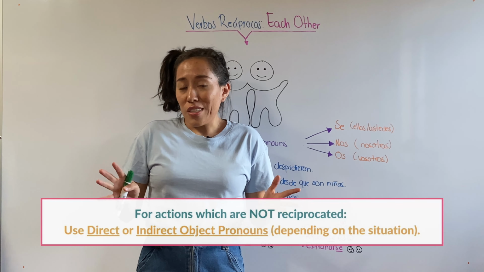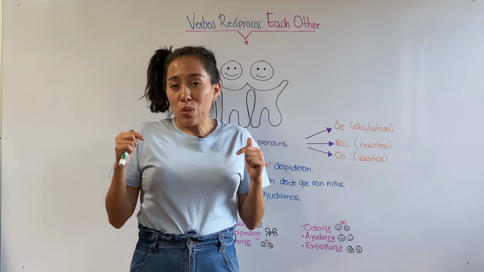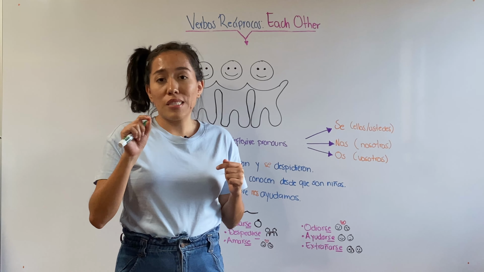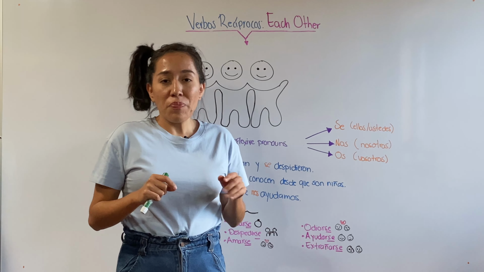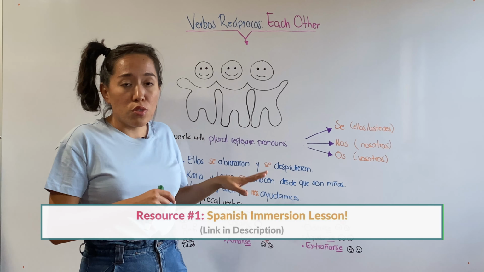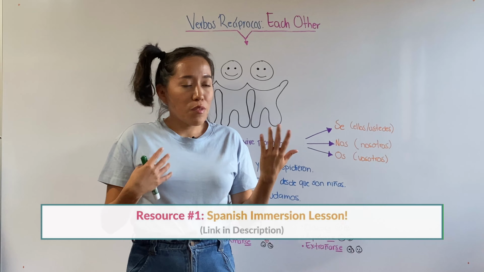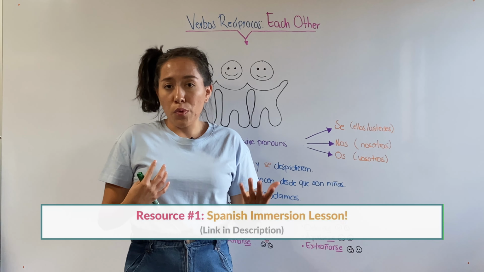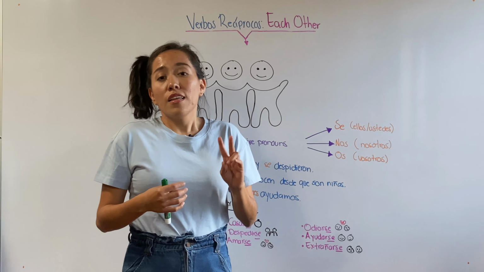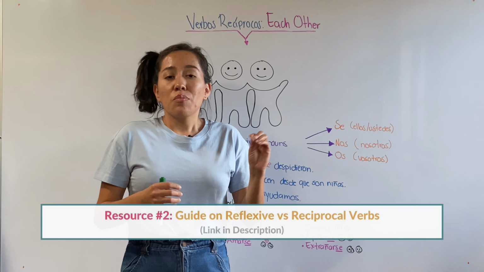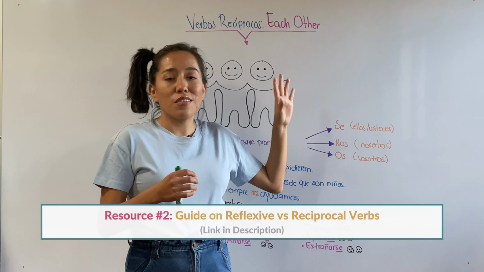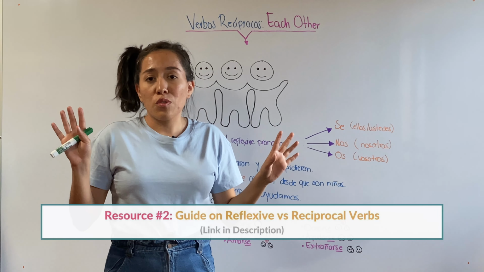So that's it for today. I'm going to give you some resources in the description just in case you need to go a little bit deeper into this topic. The first one is a video on this same lesson, just in Spanish. That way you get to practice a little bit more while reinforcing what you just learned. The second one is a guide between reflexive and reciprocal pronouns.